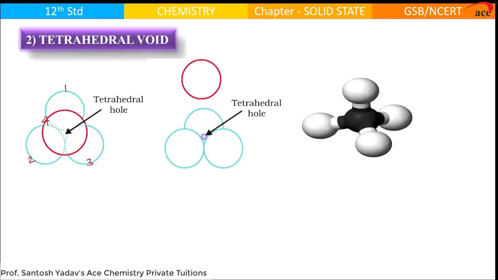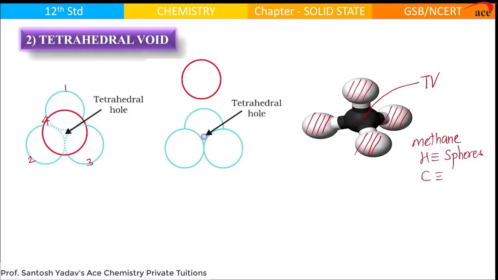Now, how to imagine a tetrahedral void? Imagine these are the spheres. Imagine they are brought closer. Then whatever you are able to see, this is the carbon of a methane, which can be considered as a tetrahedral void. So, imagine methane, and in methane imagine hydrogen as spheres. Actually, hydrogen is small, but you imagine big spheres, and carbon as another sphere which is exactly fitted as a tetrahedral void.